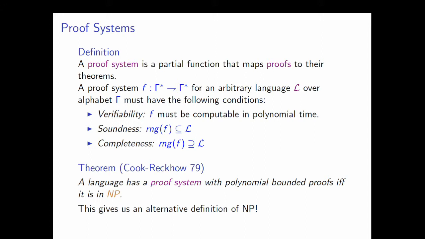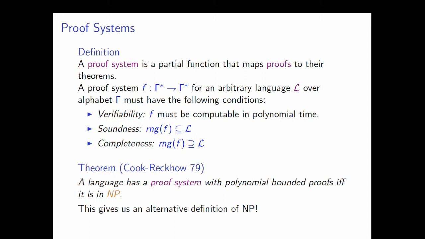If you're just reading a proof, you are the proof checker, and if you had to make exhaustive checks, you wouldn't really think this is a proof. You'd think this is a proof sketch, for example. So that's why we have this verifiability property. It just tells us that proofs need to be easily checkable.